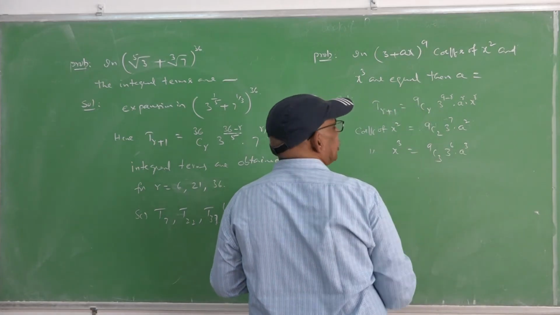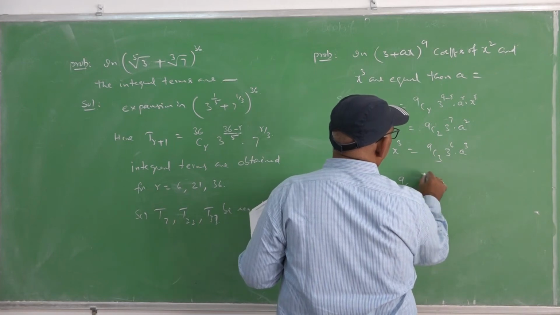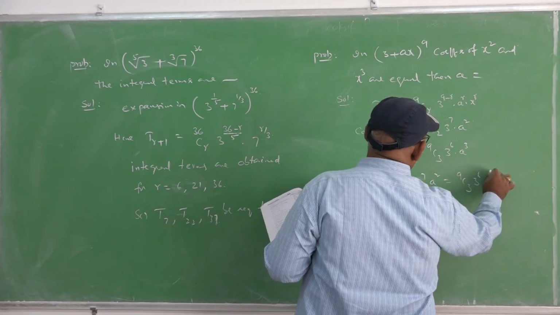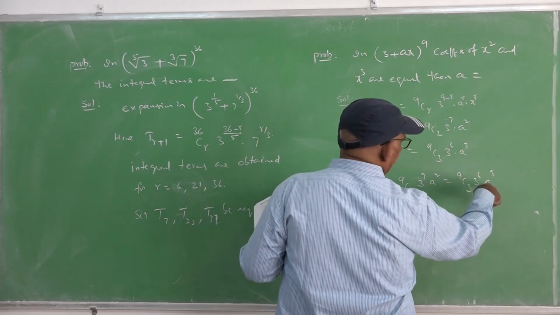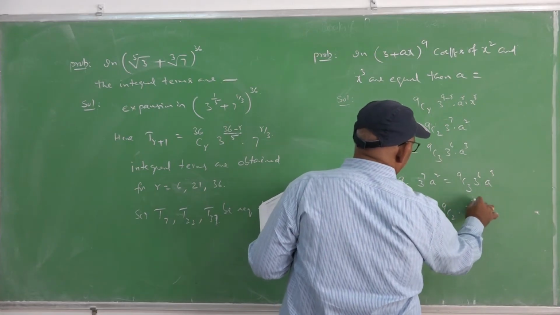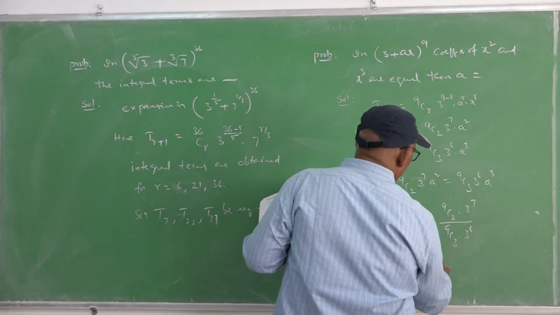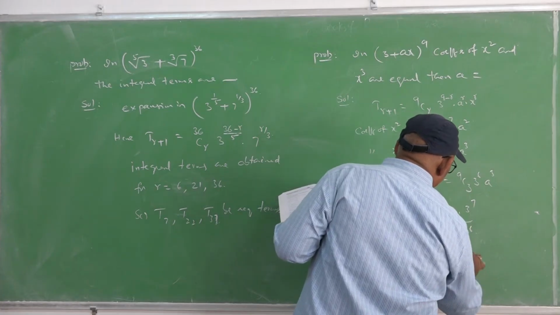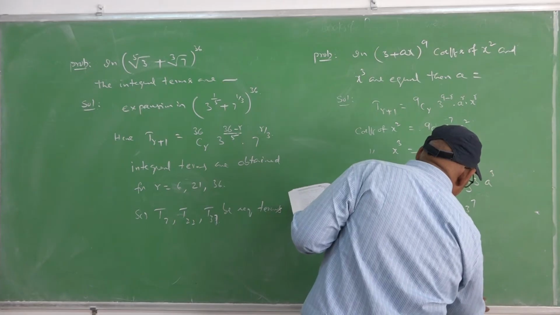Once these two are equal, 9C2 into 3 power 7 a square equals 9C3 into 3 power 6 a cube. You can remove a square here, so that a takes the value 9C2 into 3 power 7 by 9C3 into 3 power 6. That is thrice that of 9C2 by 9C3.